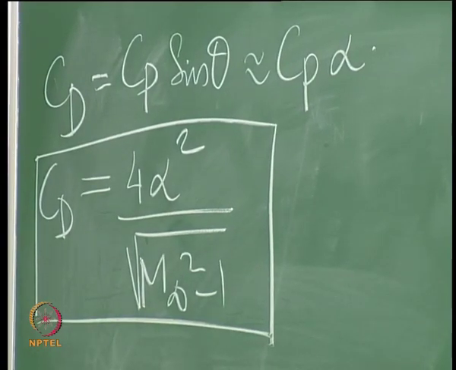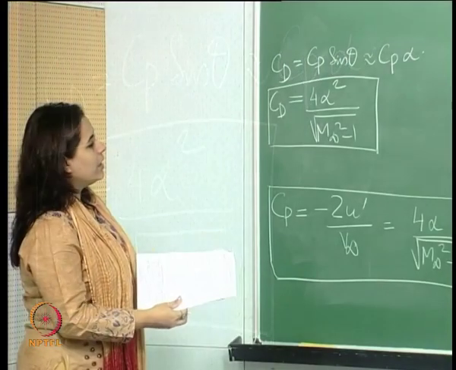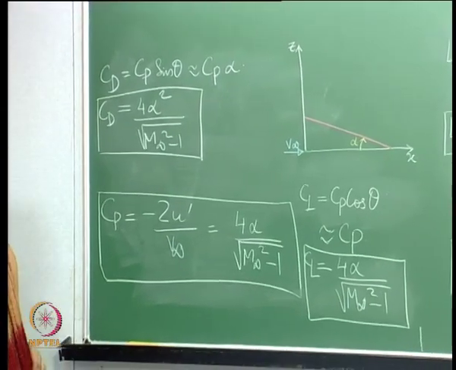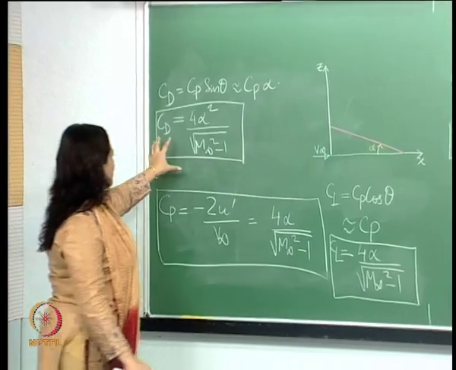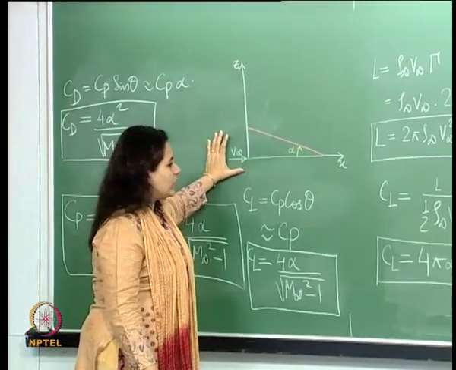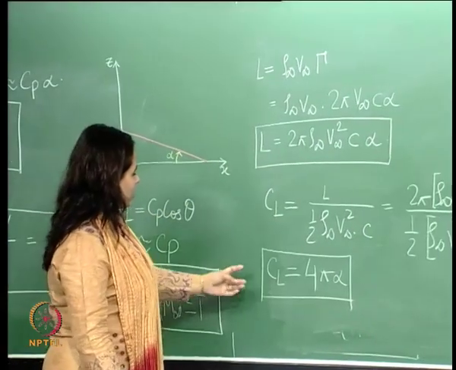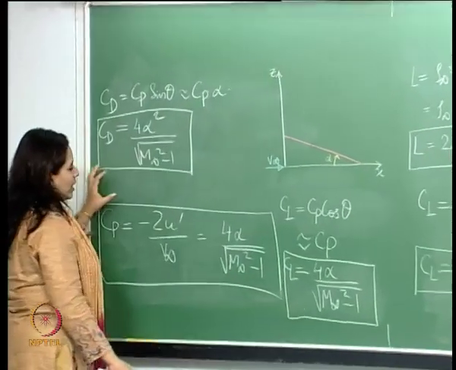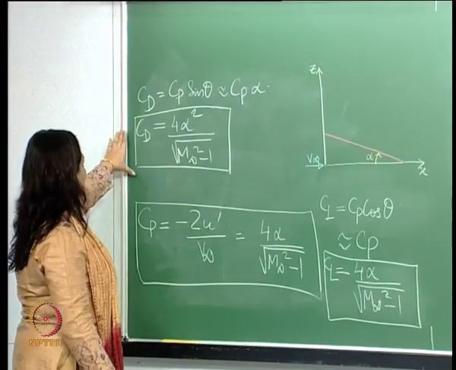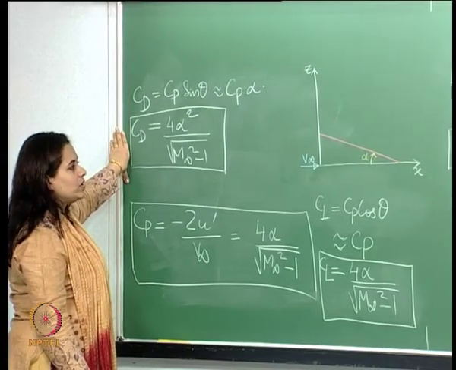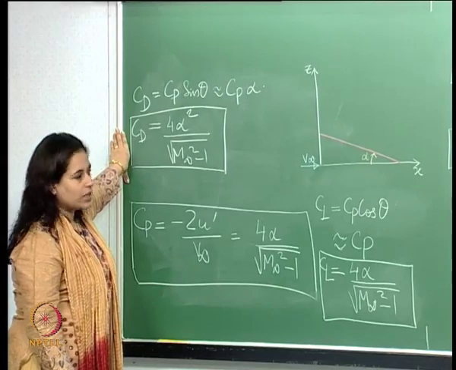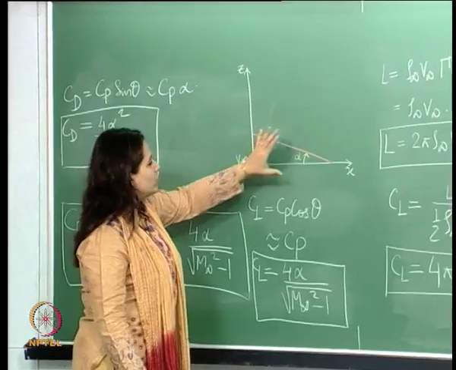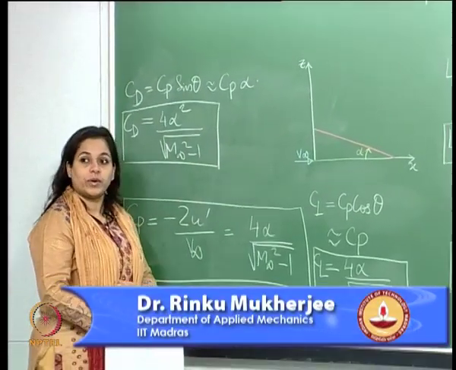Now you can clearly see the difference between the thin airfoil theory and the perturbation theory with a correction to get CL and CD for the same airfoil. I used the thin airfoil theory and got a CL of 4 pi alpha. Instead here, I used perturbation theory, which is again a linearized theory, and used the normal component of the perturbation velocity.